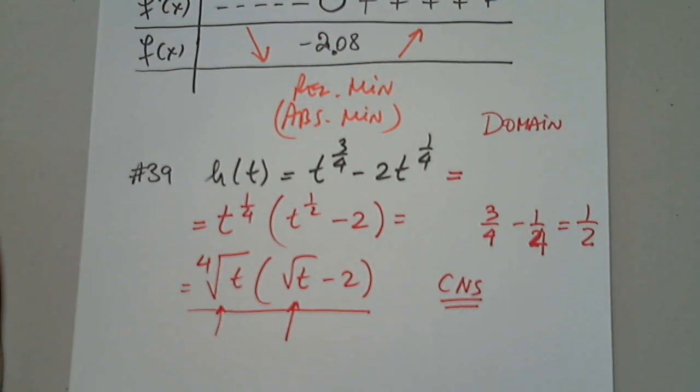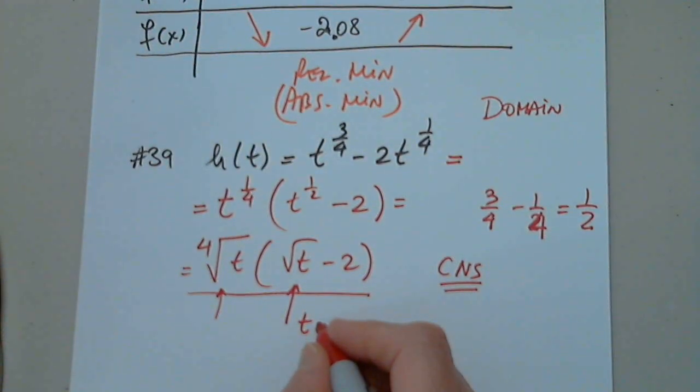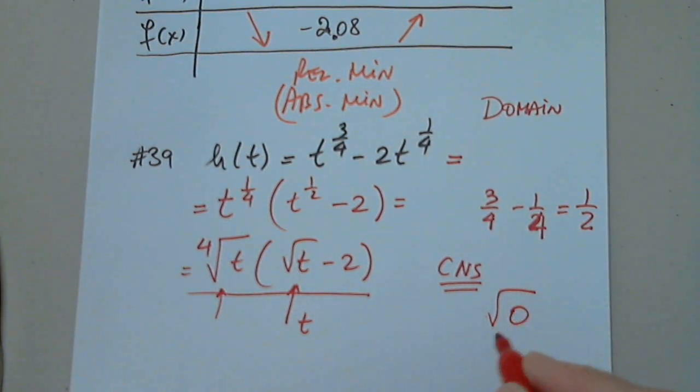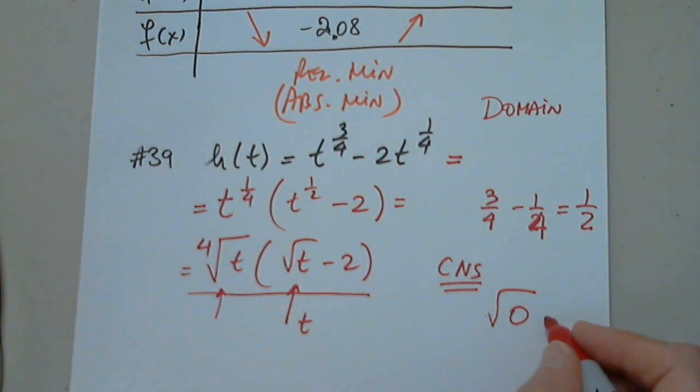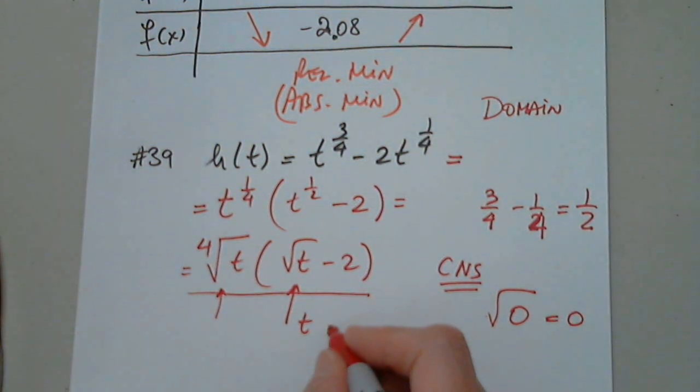I'm asking, can we take the square root of 0? Absolutely. 0 squared is 0.